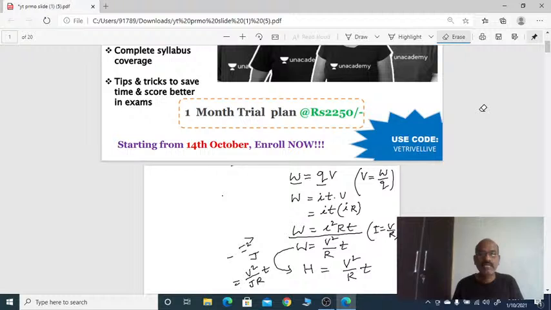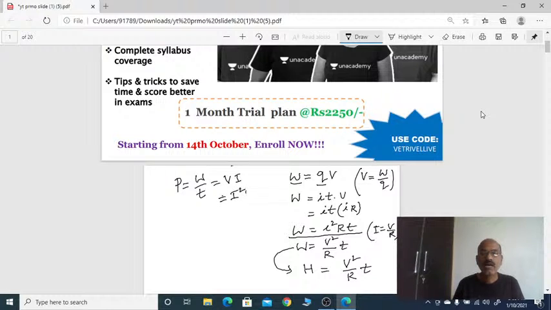As you all know, electric power is work done by time, so we have P equal to V into I, that is I square R, or V square by R. These are all power related formulas, remember.